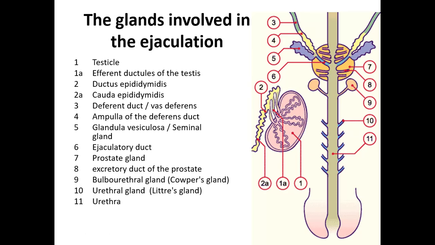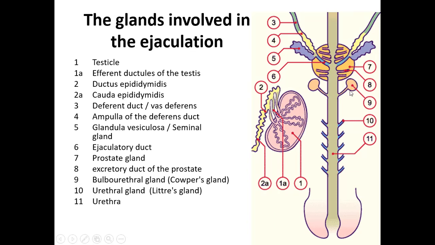And also here is the prostate gland. It plays a role also as a secretory gland, producing liquid material with nutritional components inside, and also producing digestive products for the sperm cells. It's also a muscular organ which facilitates the process of ejaculation. And these ducts open inside the prostatic part of the urethra.